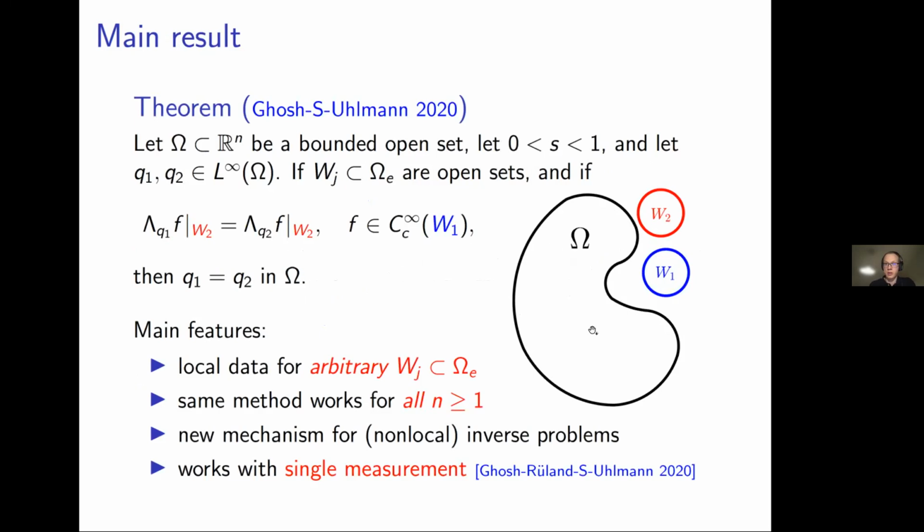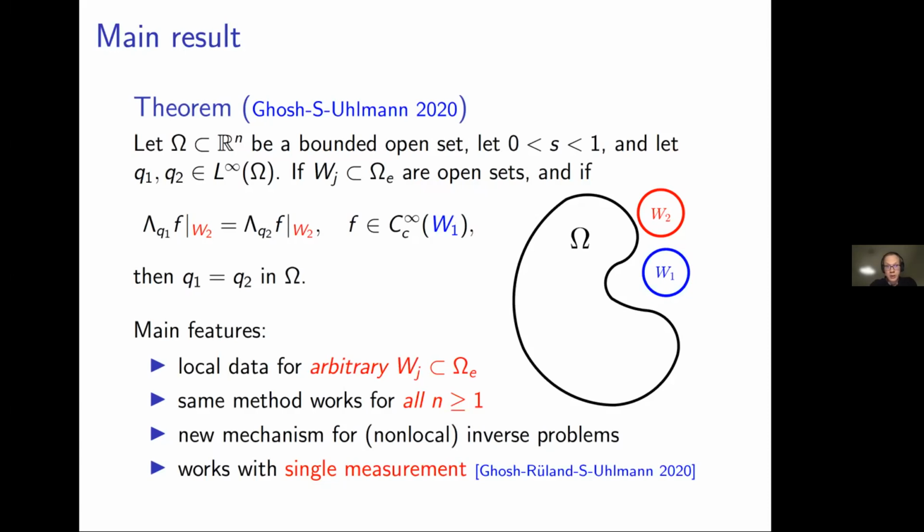Whereas in the classical case, you are only measuring on the boundary, which is n-1 dimensional. So in this fractional case, if you formulate it like this, your measurement has more degrees of freedom than in the classical case. That's why it's possible to do this nonlocal problem with only one measurement, whereas in the classical Calderon problem it's impossible with only one measurement. That's another difference between the two.